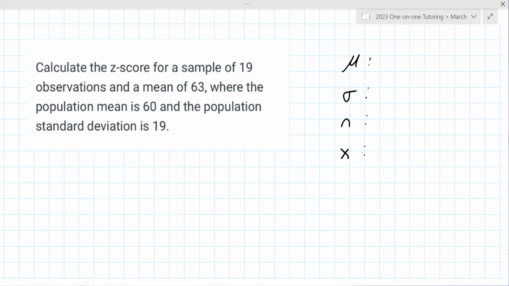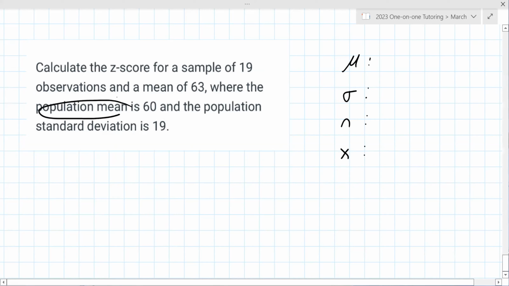Okay, so this 60 is n. It's a population mean. Yeah, the mean. Oh wait, isn't 60 the first one? Yes. Okay. And then the 63 is n. So that's the mean, that's x.